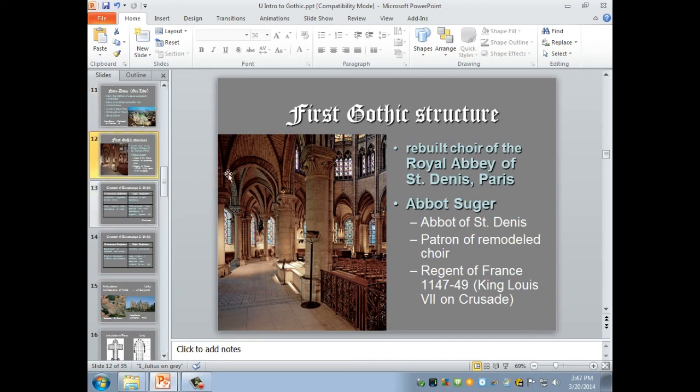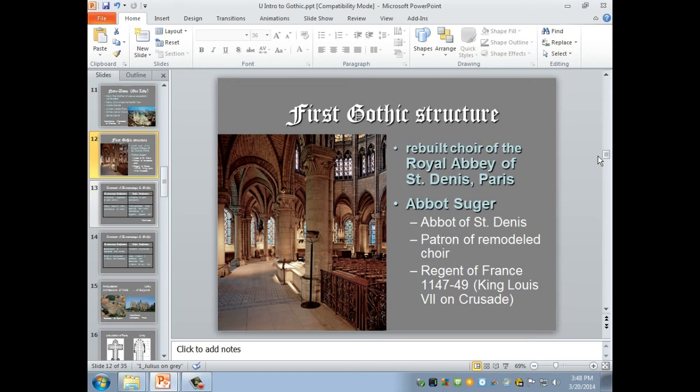But going back to the 12th century, this church had been around for a long time. It had certainly been around since the Carolingian period of the 9th century. They've been, I'm sure, rebuilding as they go, changing things. They have done some excavations under it and discovered some of the Carolingian foundations.